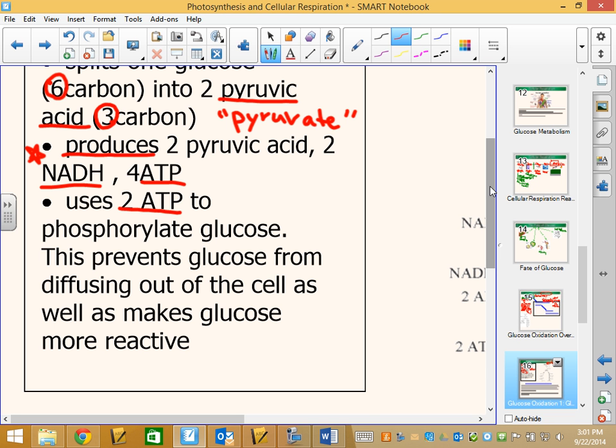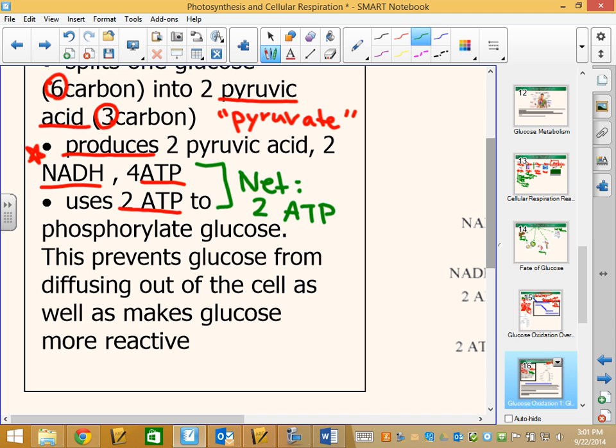So maybe something else I'll mention while we're here. What's the net result in terms of ATP? Well, since I produced 4, but I used up 2, my net result is that I get 2 ATP. The word net means what do I get when I add everything up?